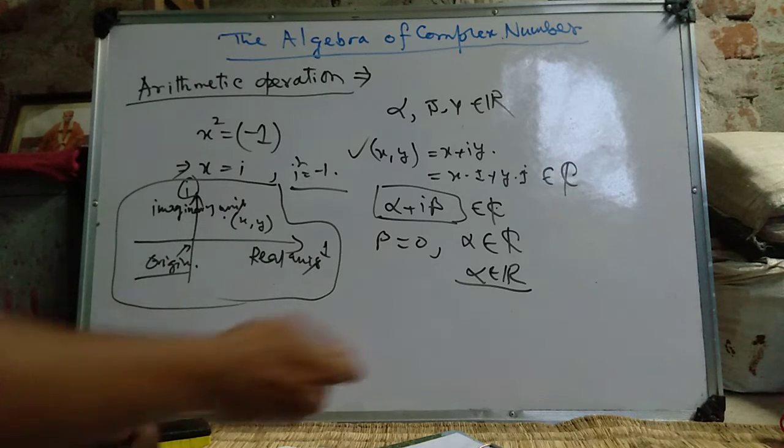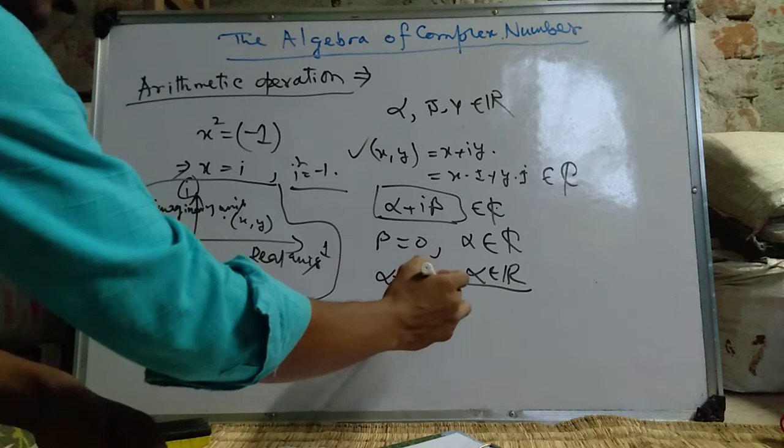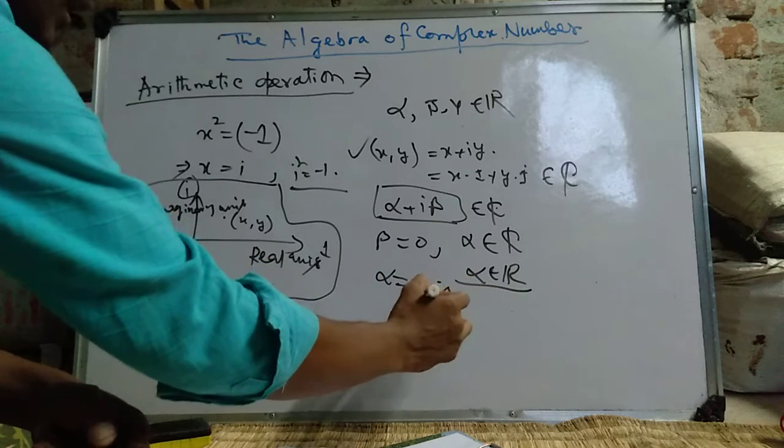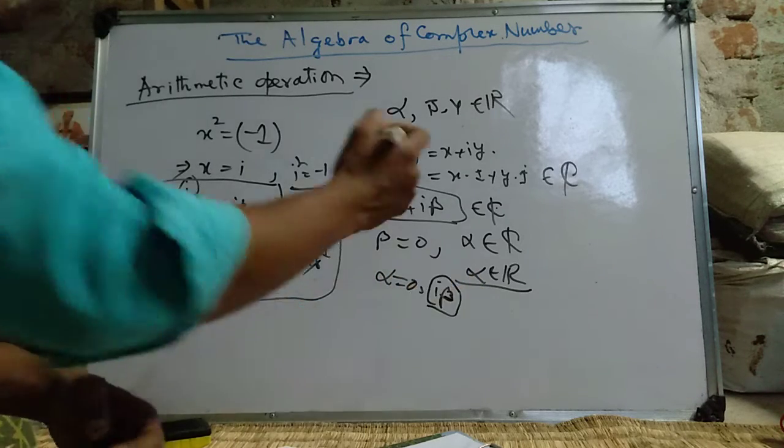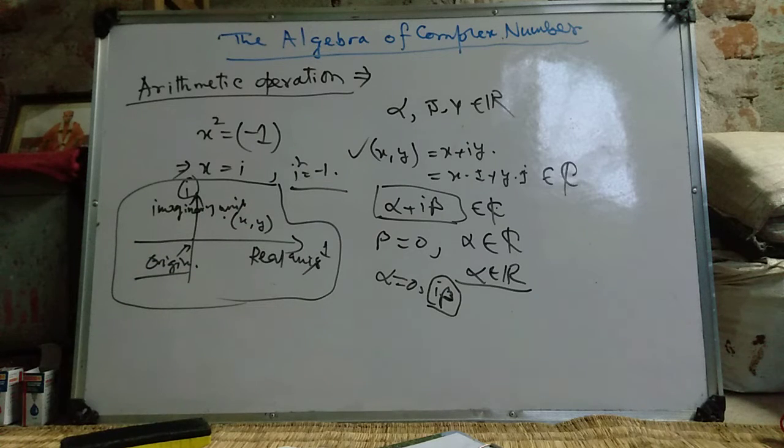And if alpha equal to 0, then i beta is a purely imaginary number.